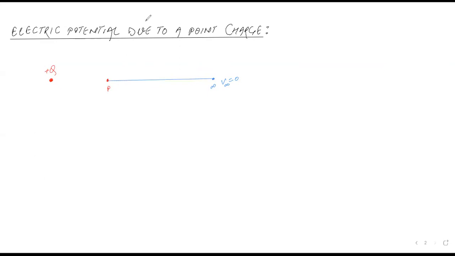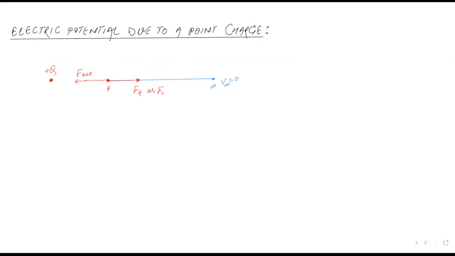After reaching this position, we get two different forces. The first one is F of electric, applied by the charge Q, which is your conservative force, F of electric, or F of C. And in the opposite direction, you get F of external.